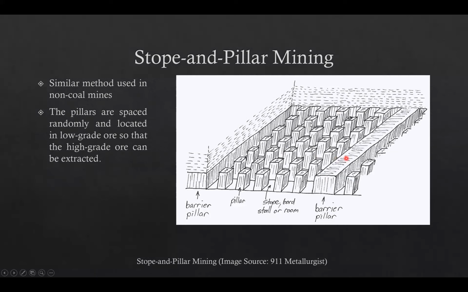This image here looks more like room and pillar because it has systematic pillars, but if they are placed randomly in low-grade instead of high-grade, it will be stope and pillar. And a stope is basically a production opening in a metal mine from where mineral or ore is extracted.